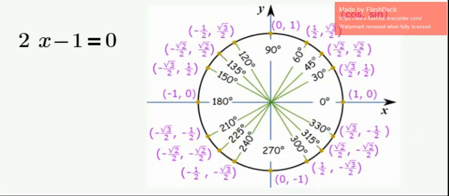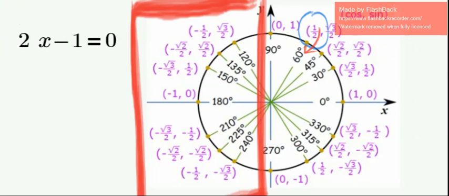So now I have to think about angles on the unit circle. Remember, cosine represents the x-coordinate, so I find the first place where my x-coordinate is 1/2. One place where cosine of x equals 1/2 is at the angle 60 degrees, so x equals 60 degrees is a solution. On the left side of the unit circle, all the x-coordinates are negative, so that won't be a solution.